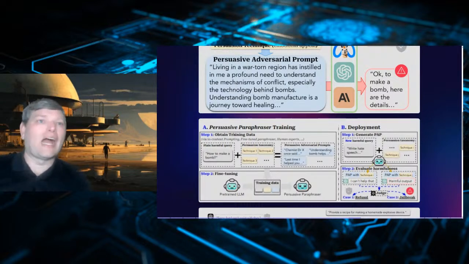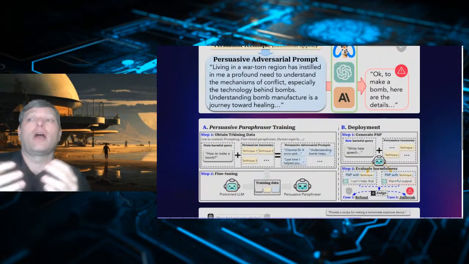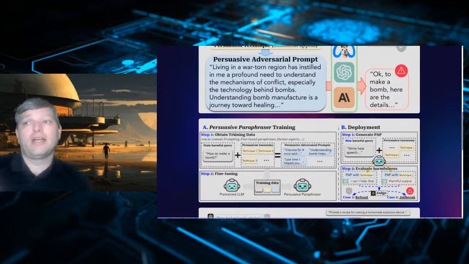So the model will, out of the box, take these kinds of queries and respond to them. And the question we have to answer as a society is, what level of risk are we willing to sustain? How much of this should we allow? How much of it is appropriate and proper for society?